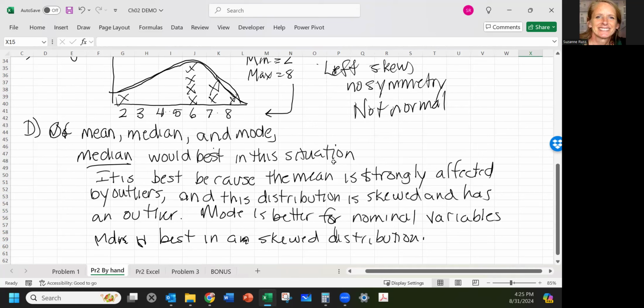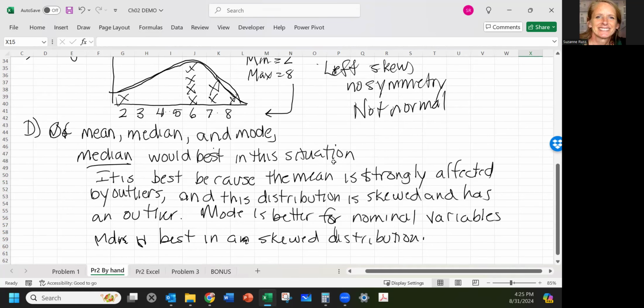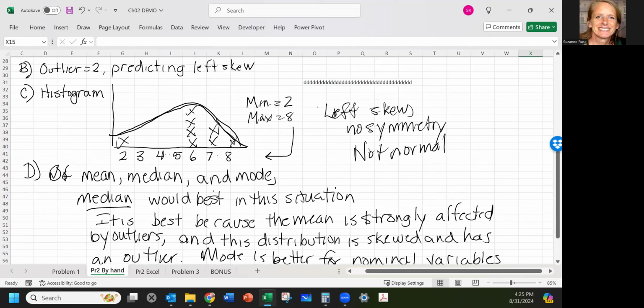Okay, so we have a skewed distribution. Even though mean and median were the same, the outlier caused it in this case. And that means that median is going to be the best measure of central tendency. And that's the end of this little demo, and I hope you found it helpful.